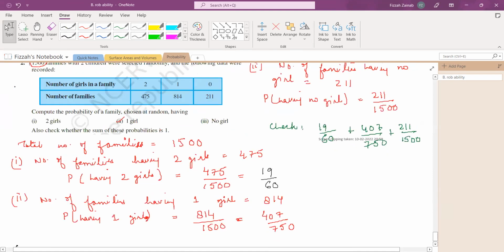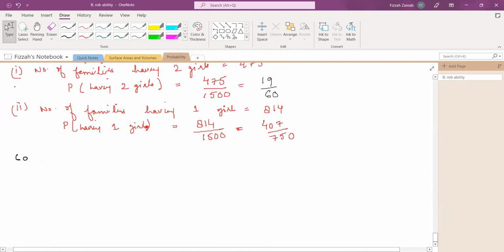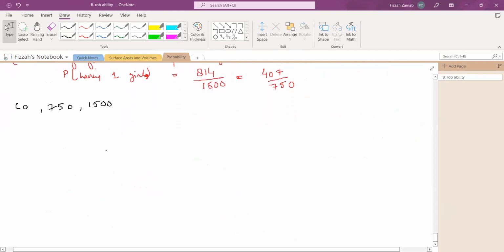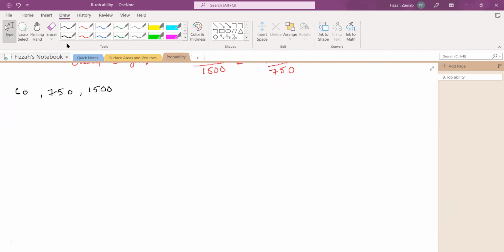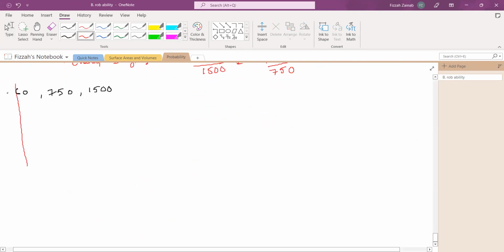Now find the LCM. So if I use the table of 5 here, 5, 12, 5, 1, 25.